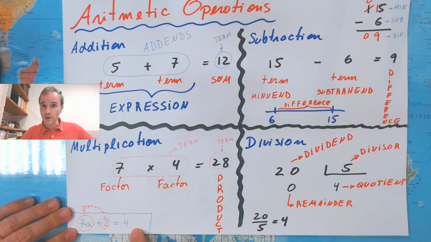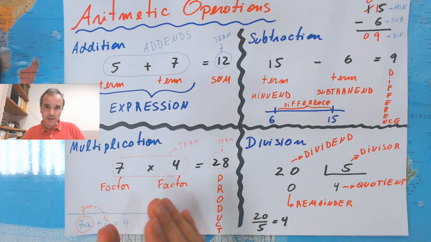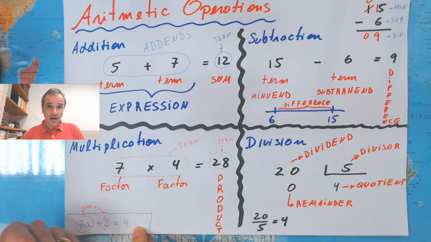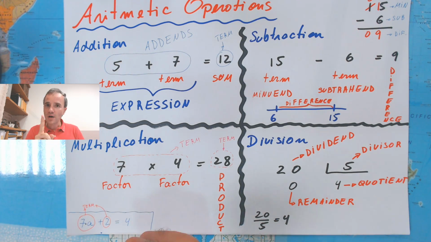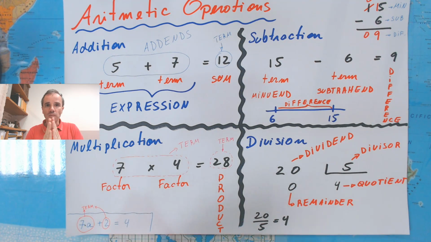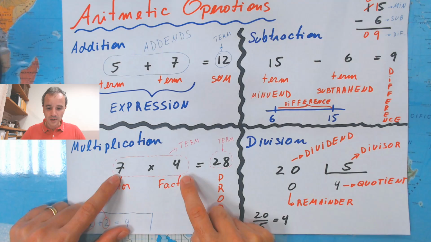7a plus 2 equals 4. This is an equality. In this equality, the right side has one term. The left side has two terms, being the 2 and 7a. 7a composes only one term. Why? Because 7 and a are being multiplied the same way that 7 and 4 are also being multiplied.